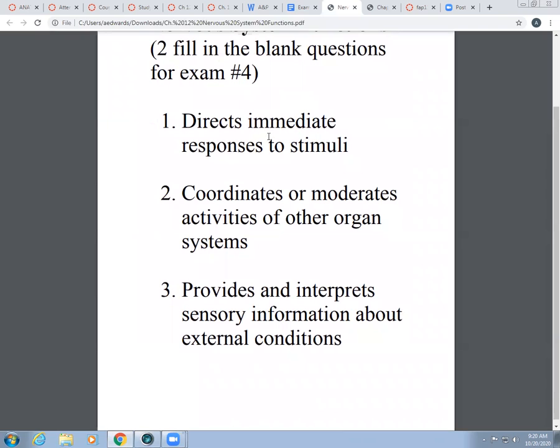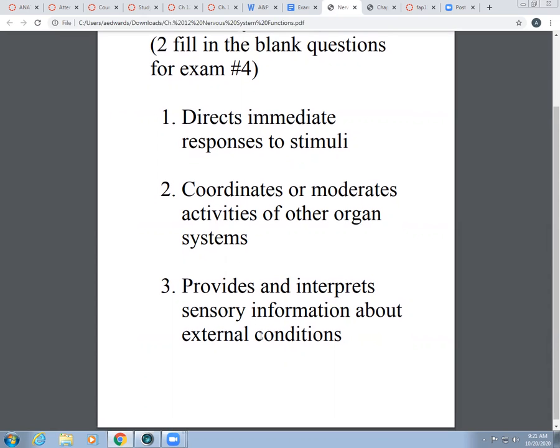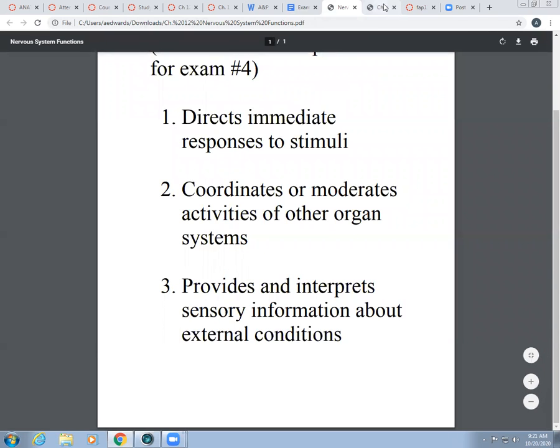So you need to be able to explain if the nervous system directs immediate responses to stimuli, coordinates or moderates activities of other organ systems, and provides and interprets sensory information about external conditions. I want you to know where that is.